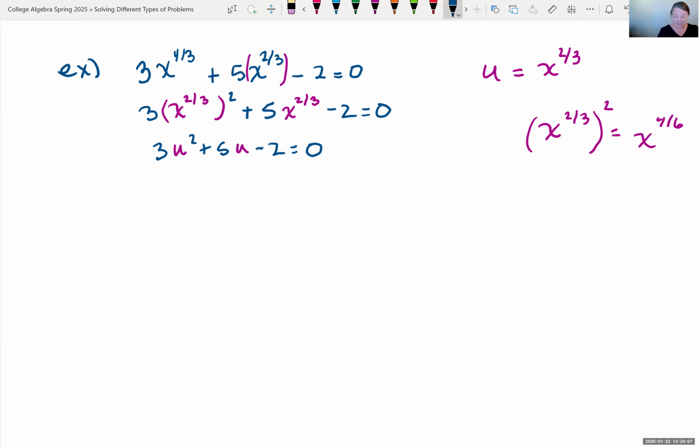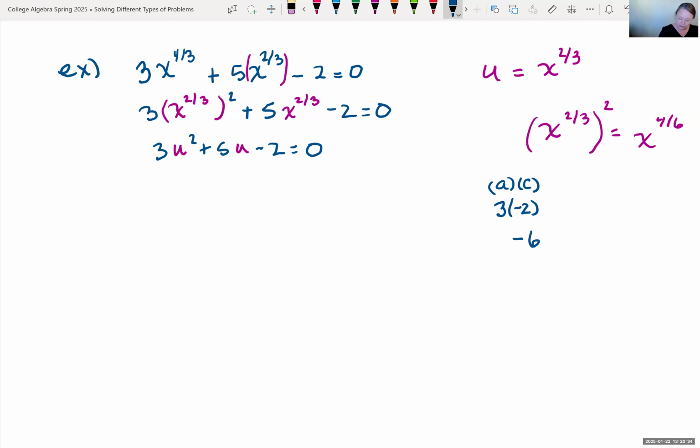So again, I notice that that coefficient, that number in front of my u squared, is not 1. So I need to go about and either try to factor, use the quadratic formula, whatever method you prefer. I'm going to factor using the AC method. So looking at my coefficient A, the number in front of the u squared, times my constant, C of -2, gives me -6.